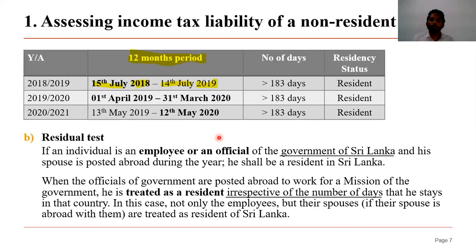The one is an employee or a government official who works for the government. As an example, you can decide a person who is working abroad with family, maybe a person who represents the Sri Lankan government.